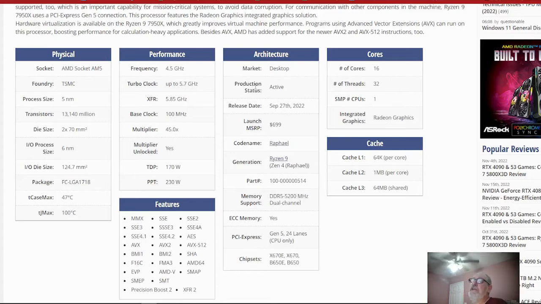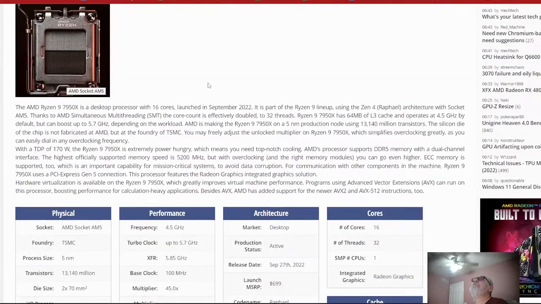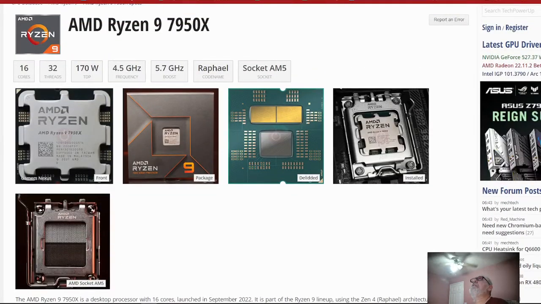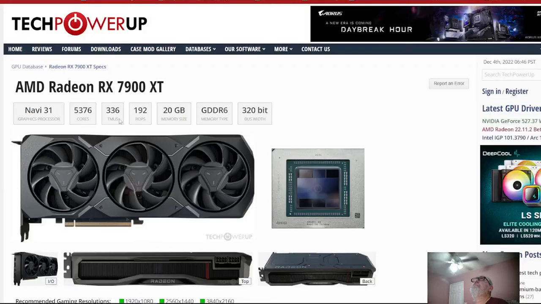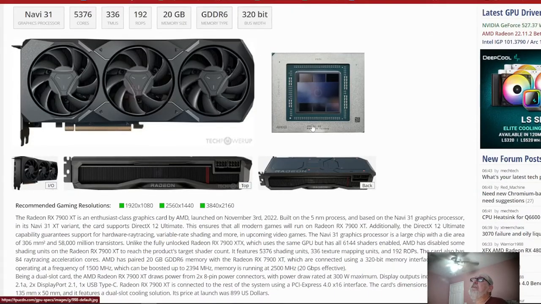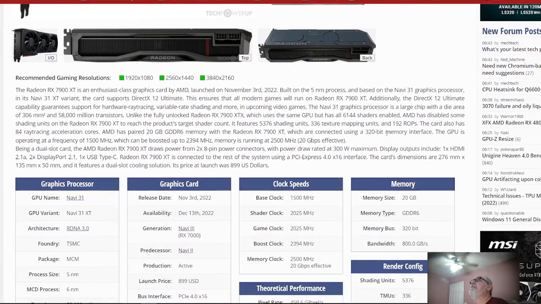And you're getting awesome frame rates on your GPU, the new GPU that's coming out, which is the 7900 XT and the 7900 XTX. Now they do say that the XTX has 6,144 shaders, but that's times 2.